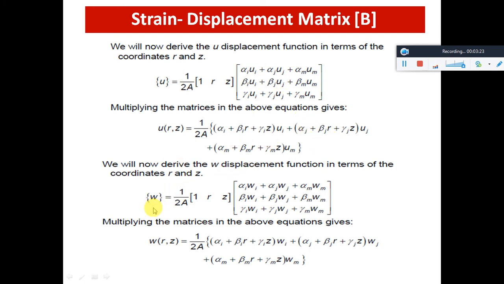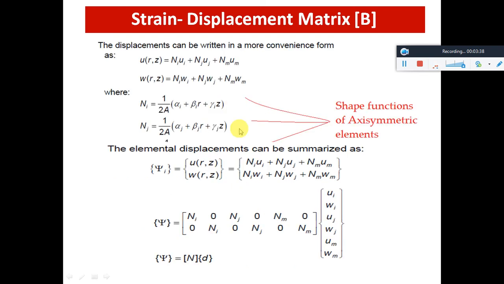So now similarly this is for u of r comma z. Similarly for w, you can take the expression for a4, a5, a6 in the w, and you just do as we did for u. So finally what we are arriving at are the shape functions, that is Ni, Nj, Nm, which represent: Ni is 1 by 2A alpha i plus beta i r plus gamma i z.